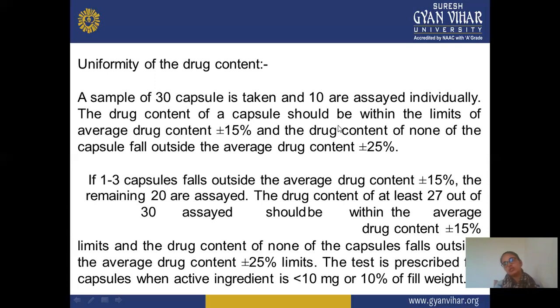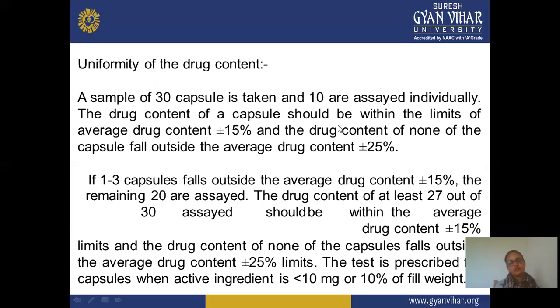And if it's more than 3, then you perform the assay on the remaining 20 capsules, means the total 30 capsules are assayed. After performing the assay on these 30 capsules, you check the variation. If out of these 30 capsules, 1 to 3 capsules are beyond the limit, then you can accept your batch.